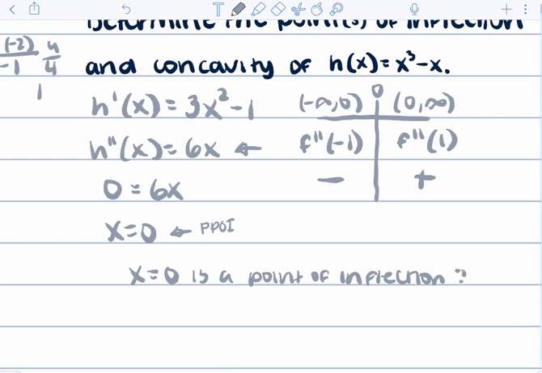because the second derivative at x equals 0 is 0 and the signs change from negative to positive.